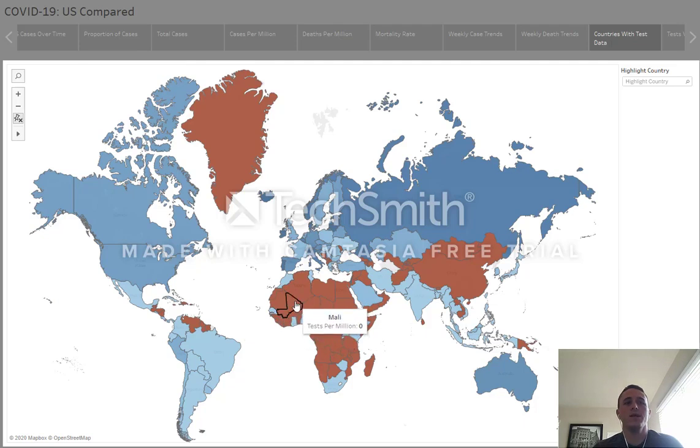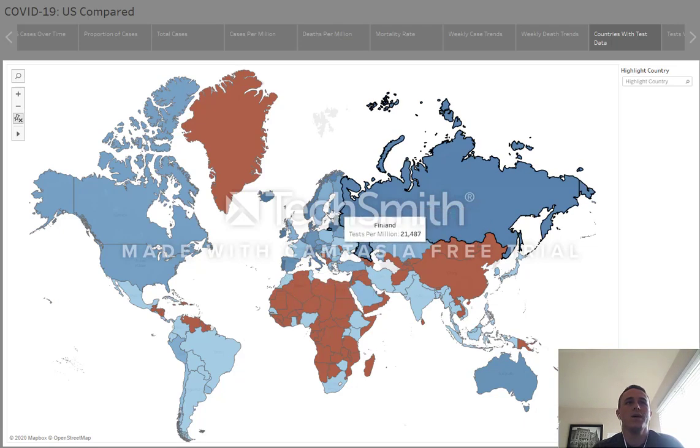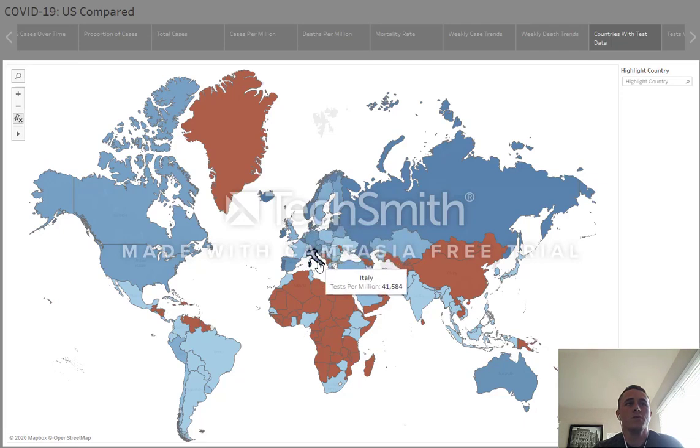They haven't released any numbers on how many tests they've performed. And then we have others in darker blue, meaning more tests per million citizens. So if we look at this, Russia's kind of leading the way here, but very close to the numbers of most of these European countries. And the US with about 26,000 tests per million citizens.